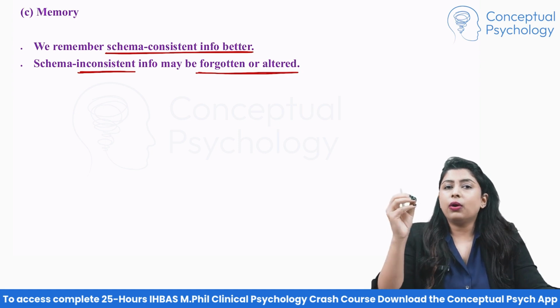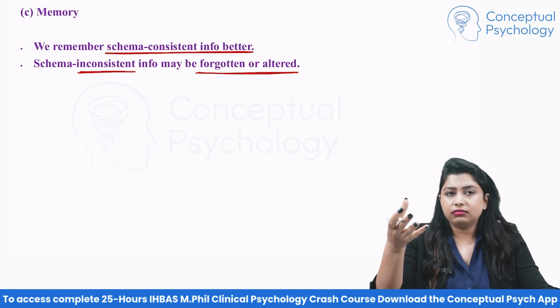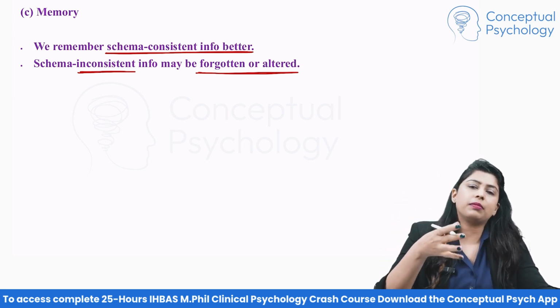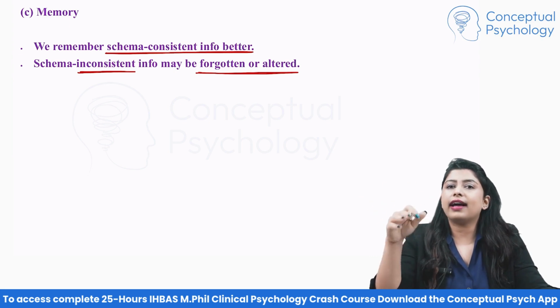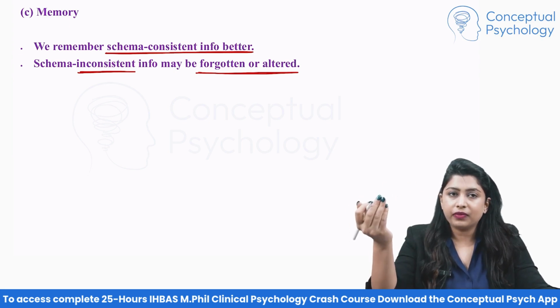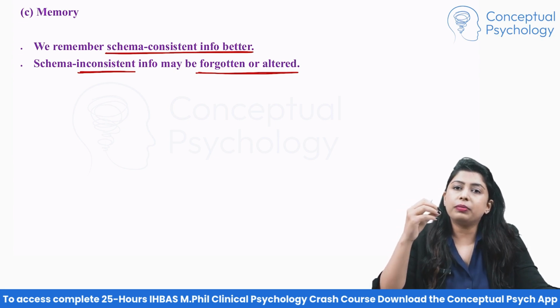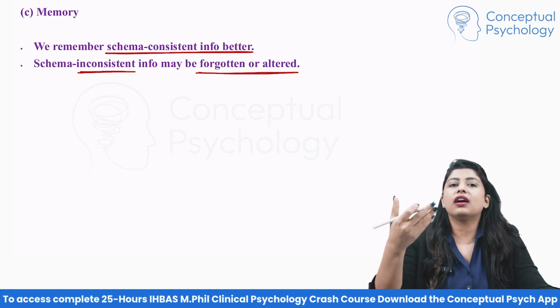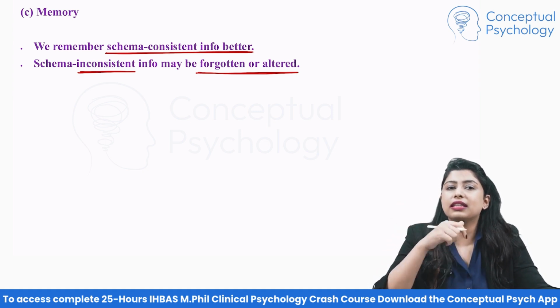So you recall the details that confirm your belief about a friend, that maybe your friend is kind, maybe they are funny, but you may forget the times that they have acted differently. So Bartlett's research showed people often changed unfamiliar stories to fit their cultural schemas.